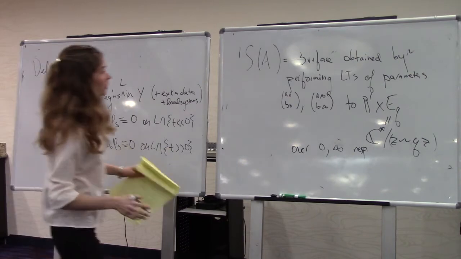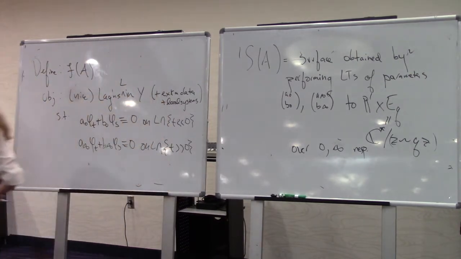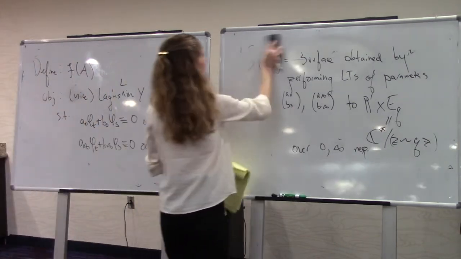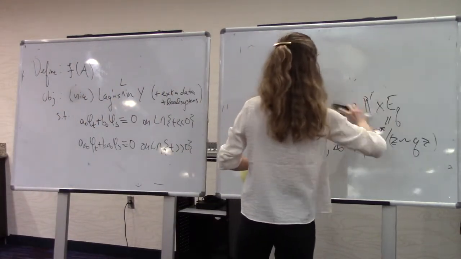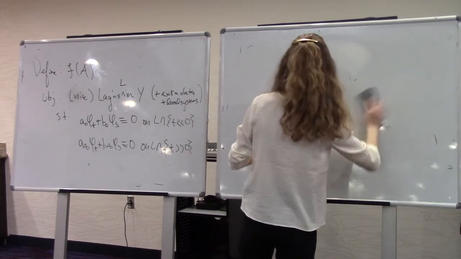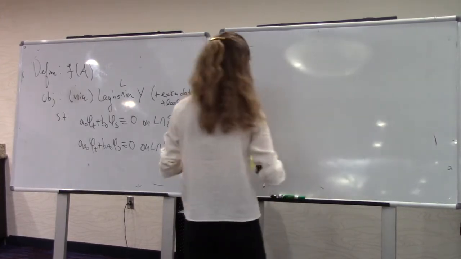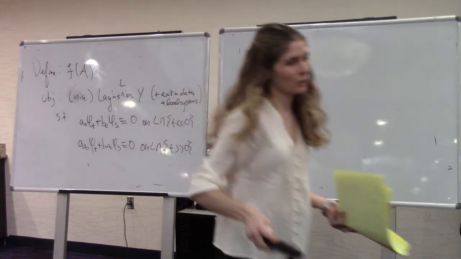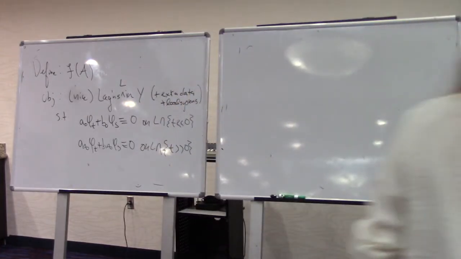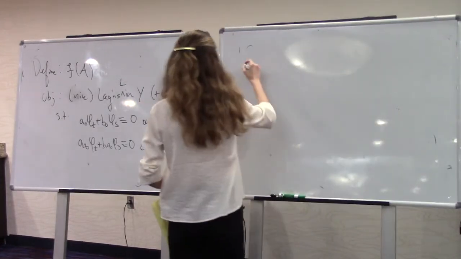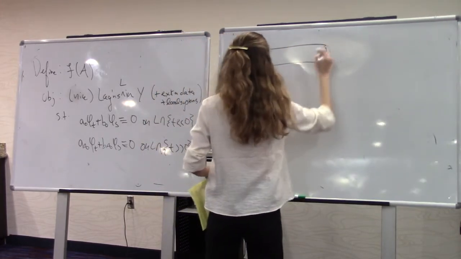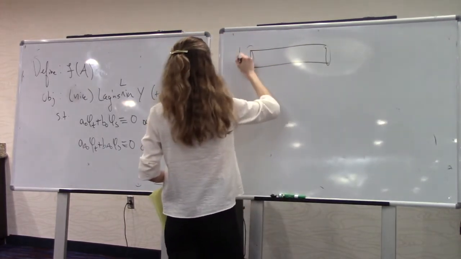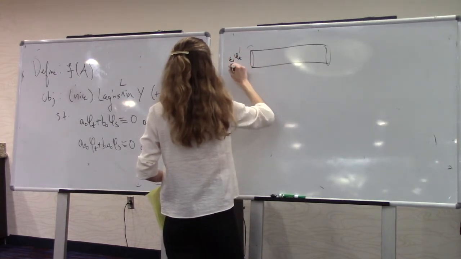So if I draw a picture, here's a picture of Y. This is my t, phi t cylinder.